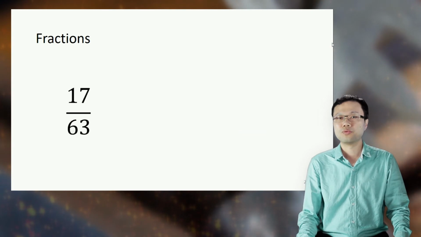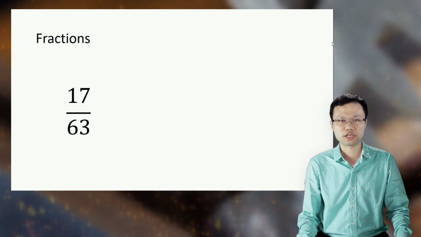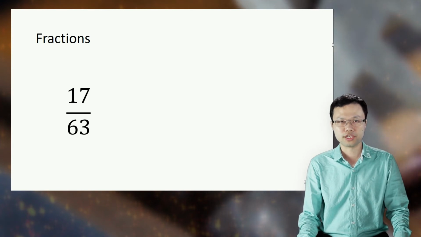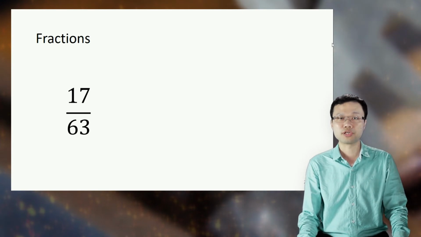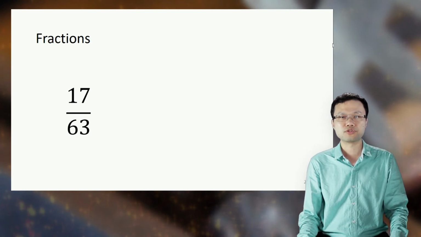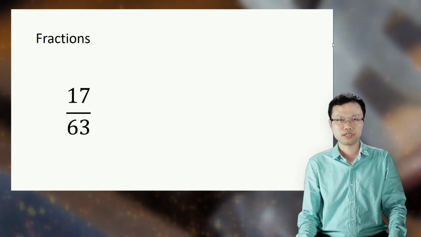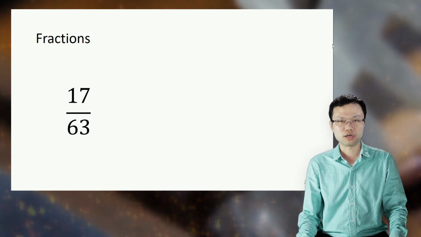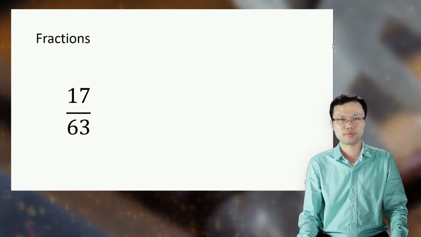Okay, we had learned a lot about the fractions. This is 17/63. Can you pronounce it? When we talk about the fraction 1/3, we mentioned that there are many ways of saying it. Similarly here, there are more than one way of saying 17/63.